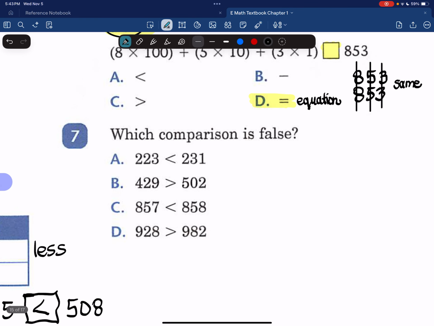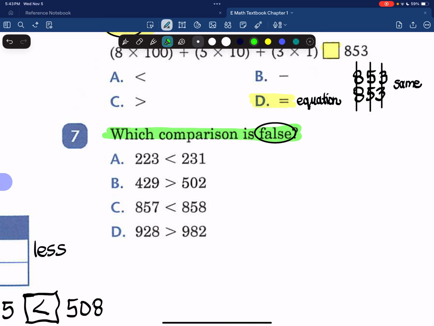Number 7. Which comparison is false? So we have a question that we have to highlight and find the keyword, false. All right, the first one says that 223 is less than 231.